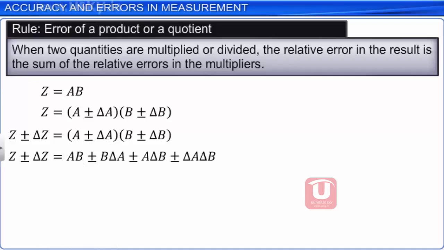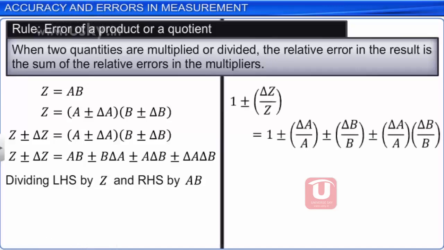Dividing the left-hand side by Z and the right-hand side by AB, we get 1 ± ΔZ/Z = 1 ± ΔA/A ± ΔB/B ± (ΔA/A)(ΔB/B). Since ΔA and ΔB are small, we shall ignore their product.